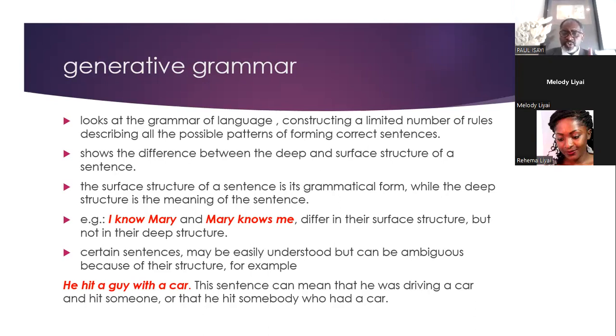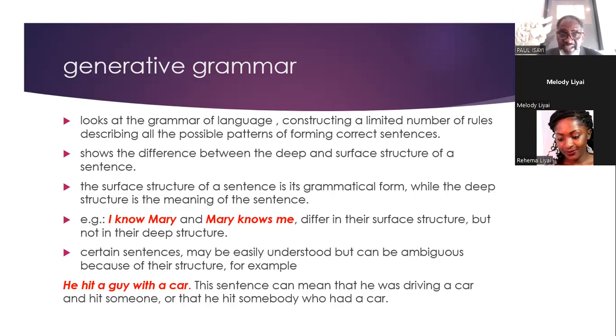Now, there are 2 sentences in the next example. Rehema, can you read those 2 sentences that are written in red? The first example is, I know Mary and Mary knows me. Differ in their surface structure, but not in their deep structure. Okay.